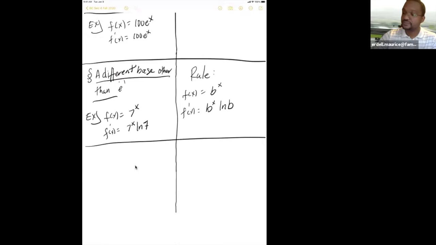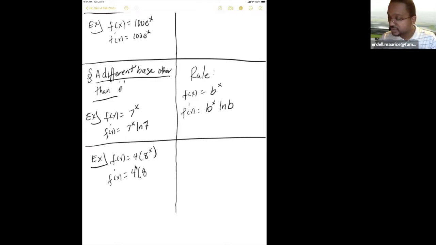Another example. If I have a number in front of it, so f of x is equal to 4 times 8 to the x power, and I'm trying to take the derivative, well then f prime of x starts out exactly the same. But is this the final answer?